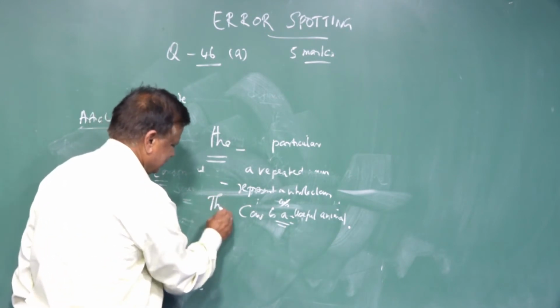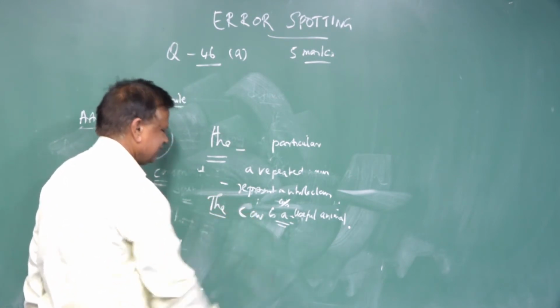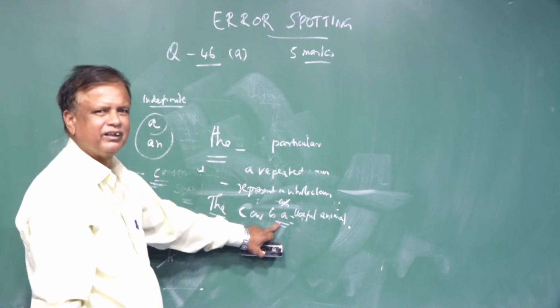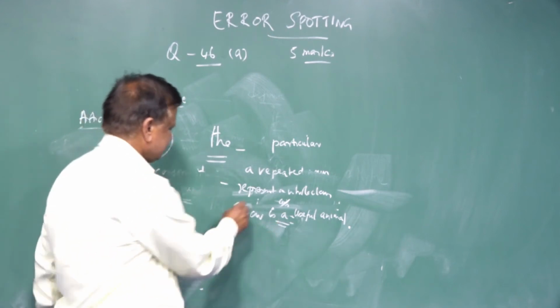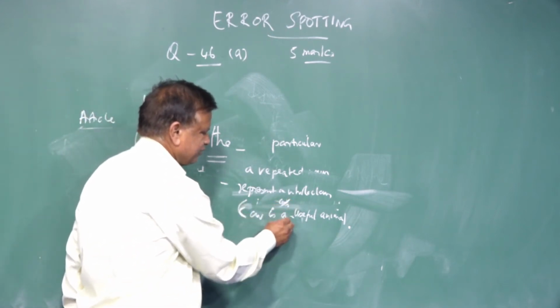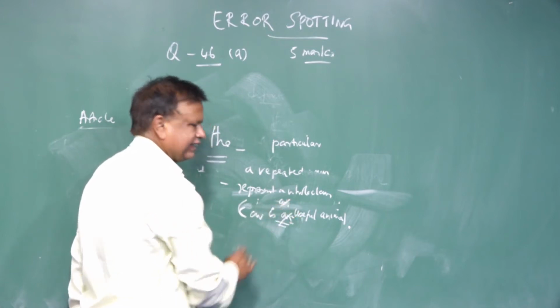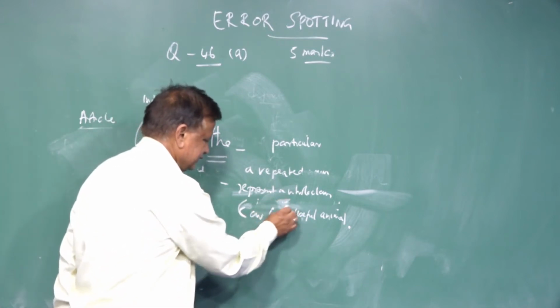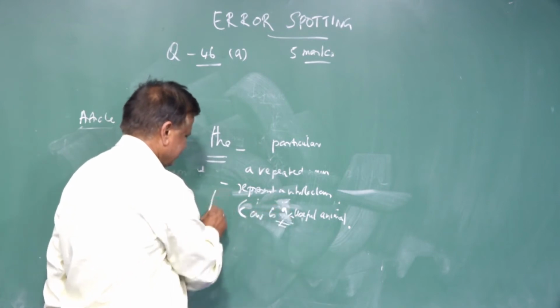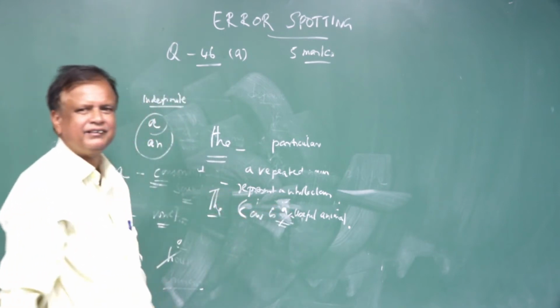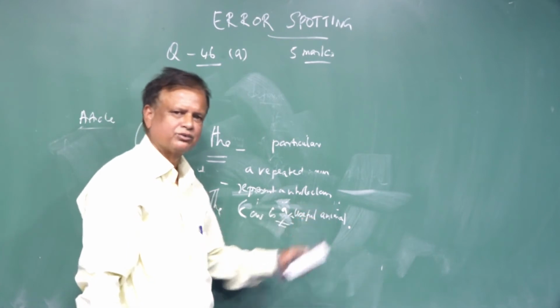So the cow is a useful animal. If it is given just cow is a useful animal, then you correct it as a useful animal. But if it is given as the cow is a useful animal, then you add this the. It represents the whole class of cows.